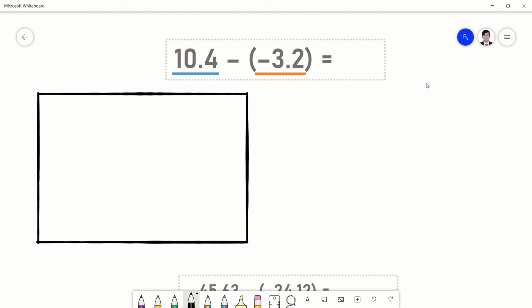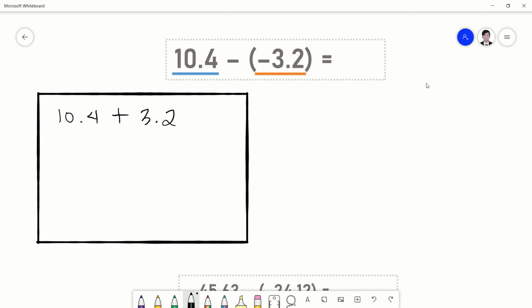So 10.4 minus negative 3.2 is the same as 10.4 adding the opposite of negative 3.2. The opposite of negative 3.2 is 3.2. So now the operation is already addition. You follow the rules in adding.